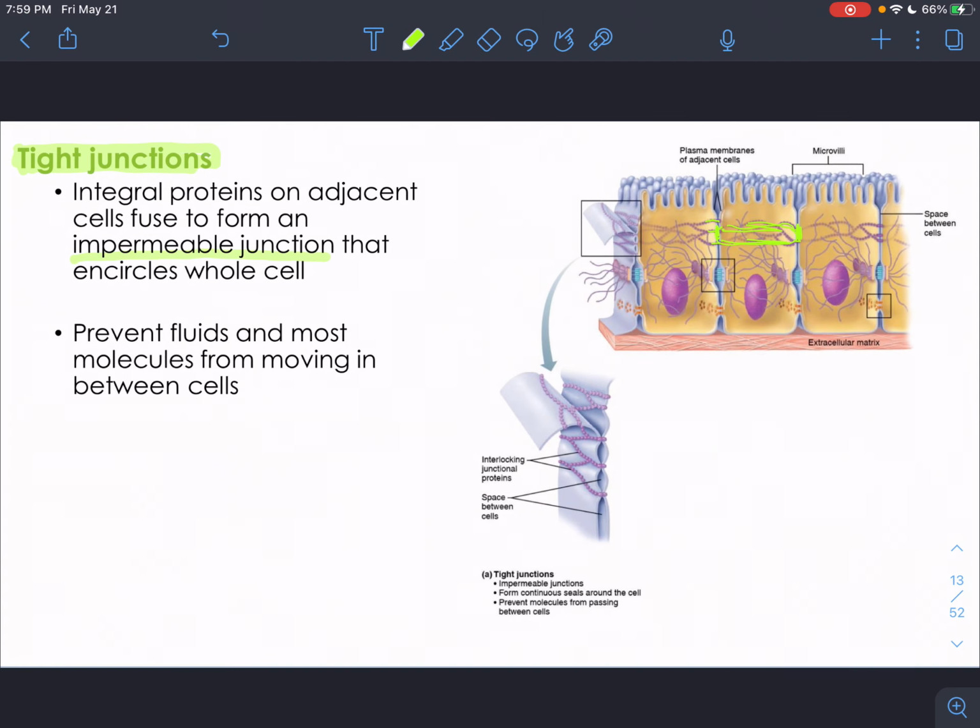And it's forming these really tight junctions that are impermeable. This is really important, especially in certain cells, because it prevents fluids and molecules from moving in between cells. So you're going to see this especially in cells like your epithelial cells lining your digestive tract.